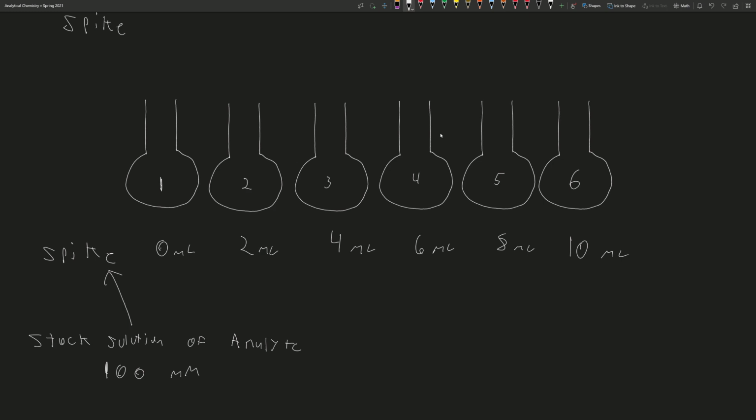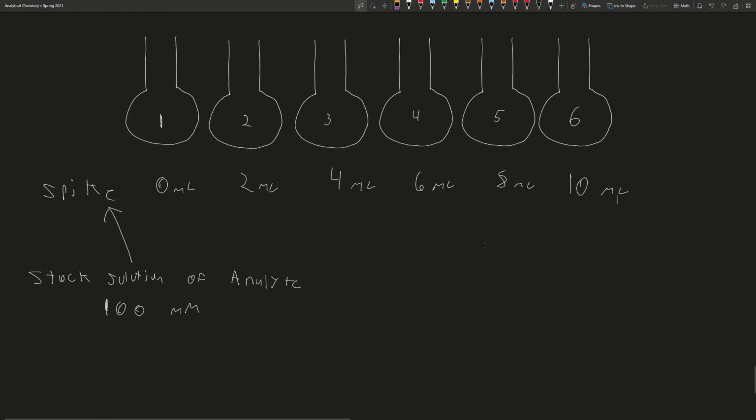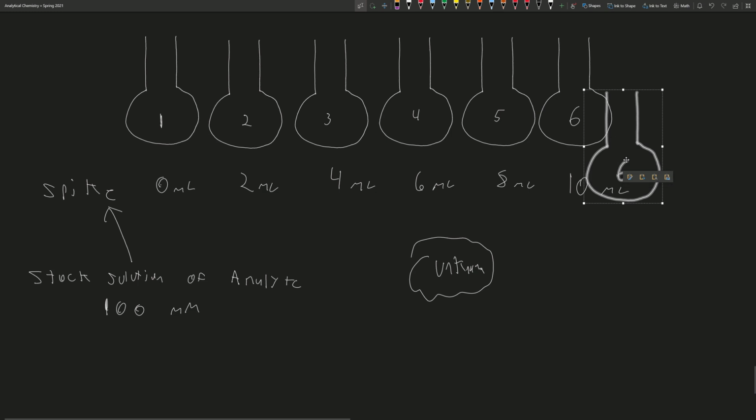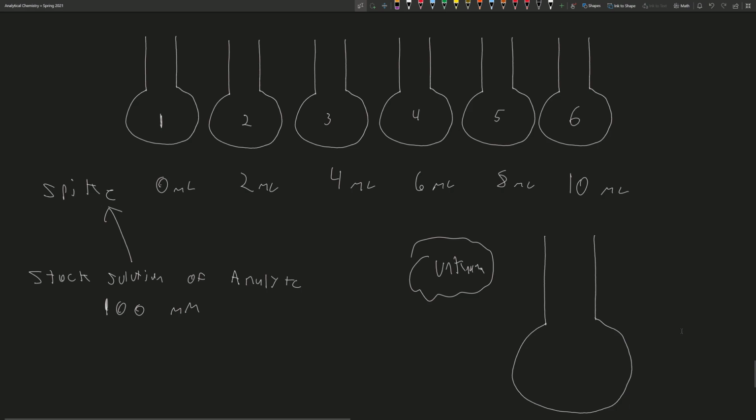Now we're going to add something else to our solution. We are going to add our actual unknown. But first we're going to do one thing to it. So let's say we take our unknown, like we usually do, and we're going to add some water.